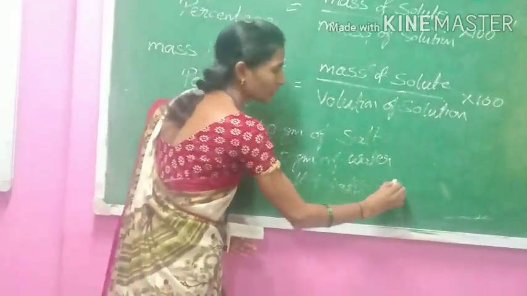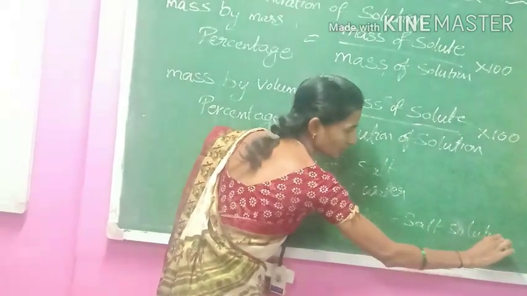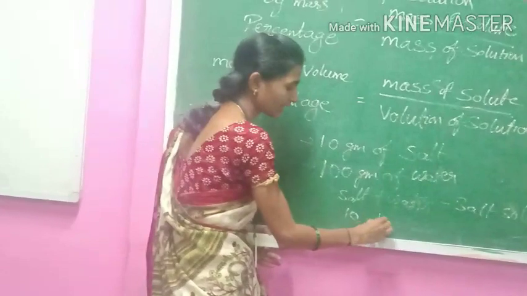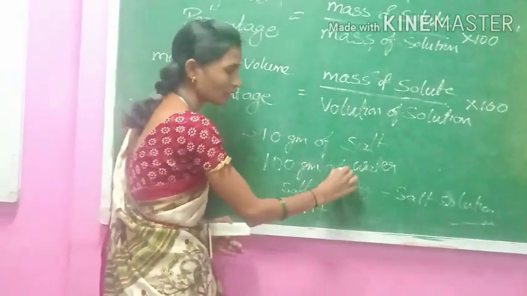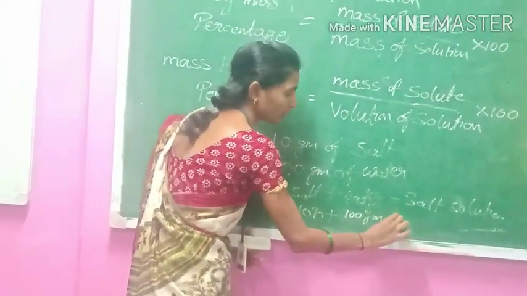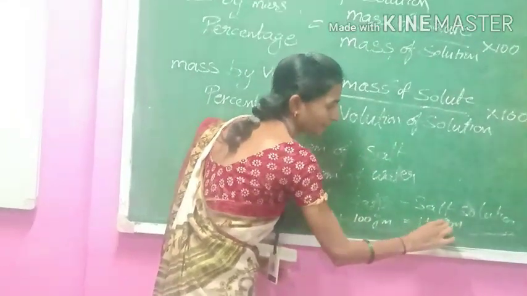So what could be the mass of the salt solution? The mass of the salt solution is the mass of salt, that is 10 grams, plus the mass of water, that is 100 grams. The total mass is 110 grams.